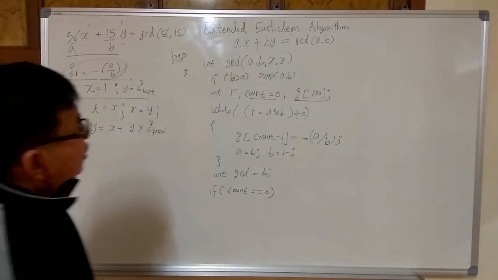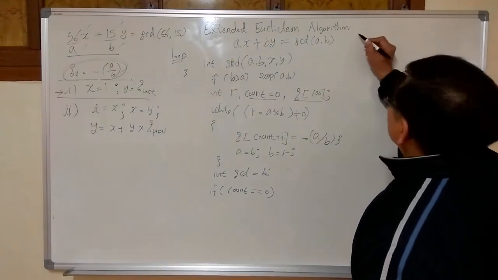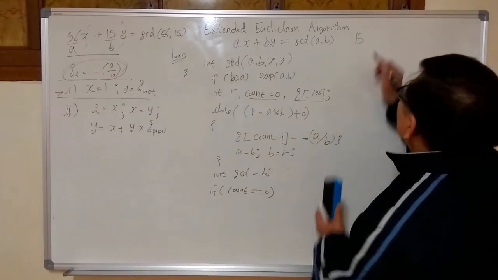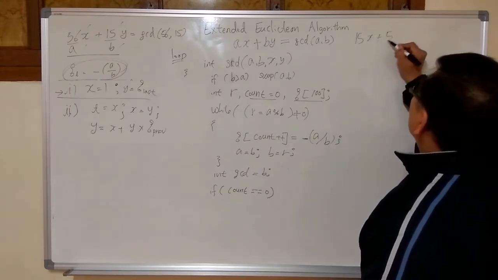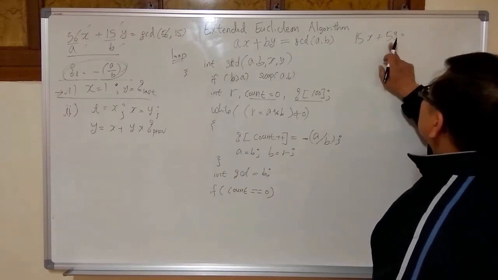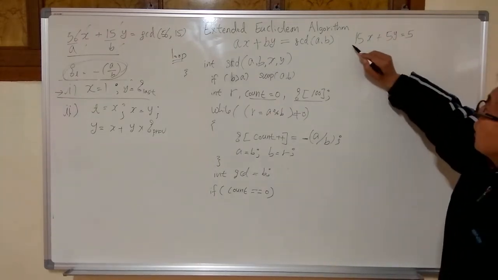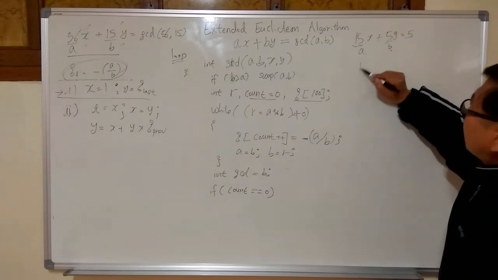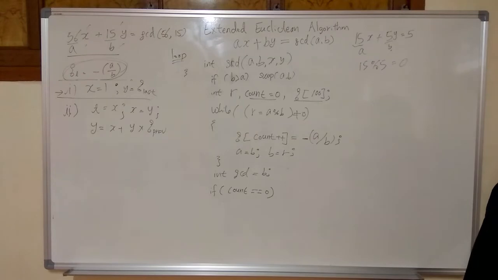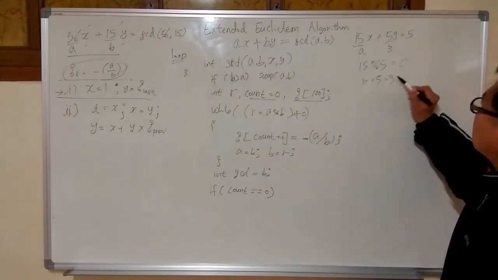Let's see what it means. We are solving this equation, for example, 15x plus 5y equals GCD, which would be 5. This is A, this is B, 15 modulo 5 is 0. Here B, 5, is the GCD.